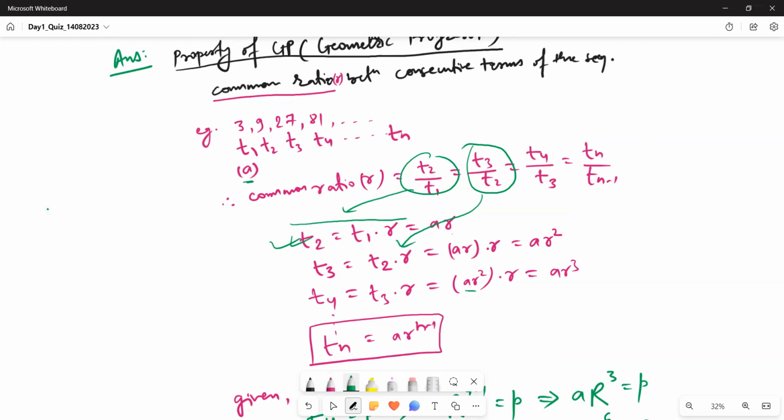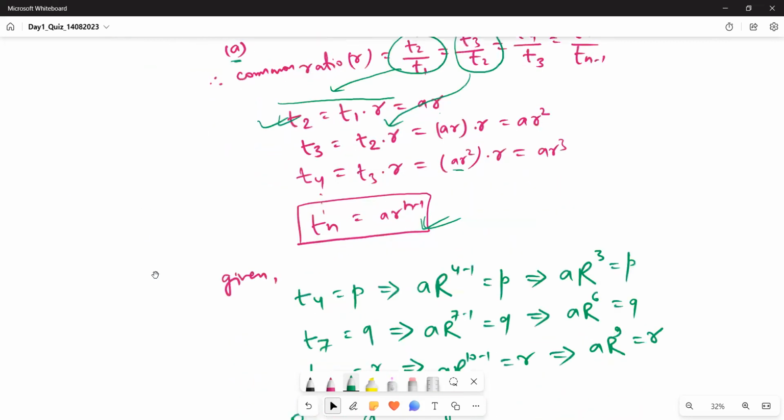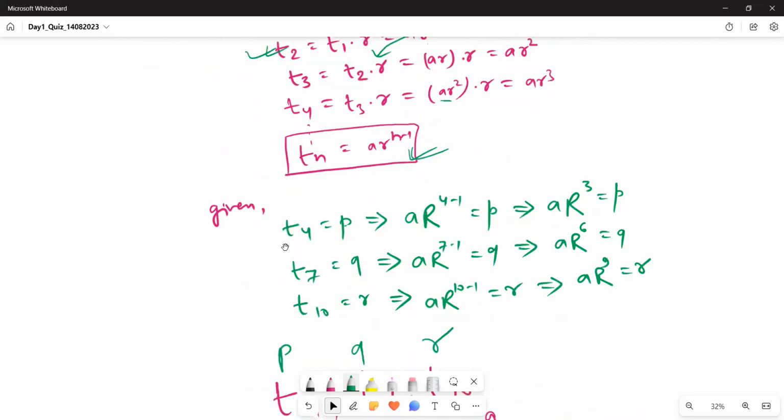So Tn equals A times R to the power n minus 1. I just wanted to recall this property of geometric progression.